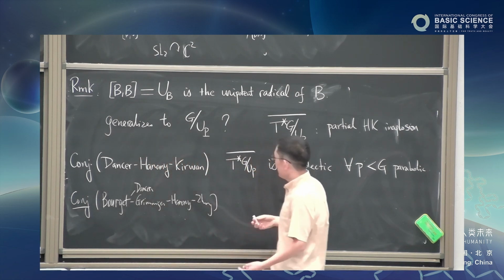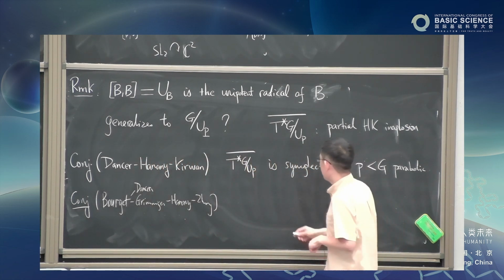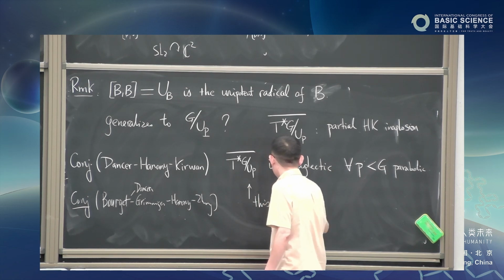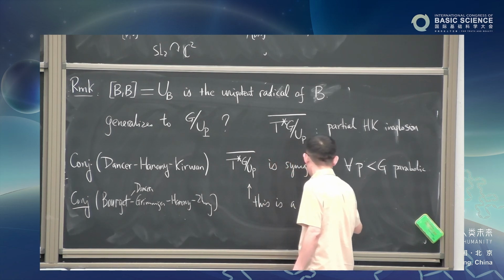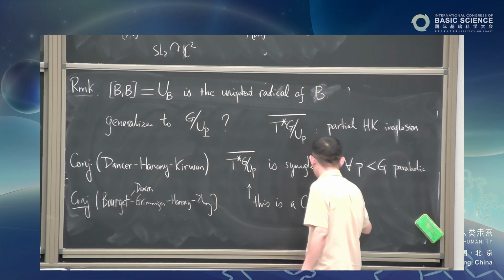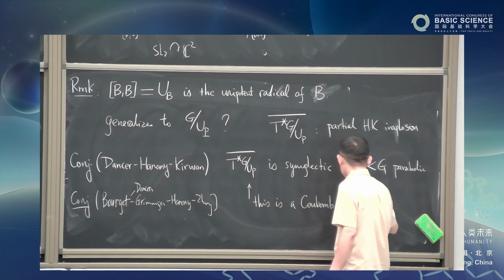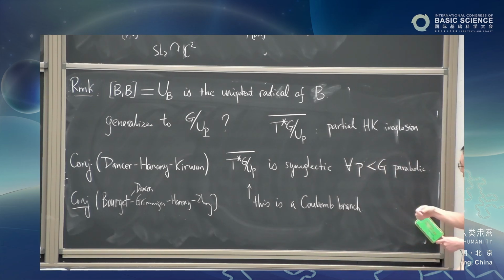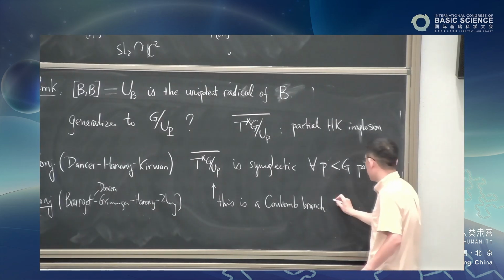The conjecture is not only that this is symplectic, but that this is a Coulomb branch. In fact, they explicitly describe what it should be in classical type.